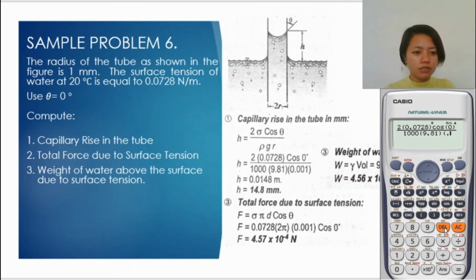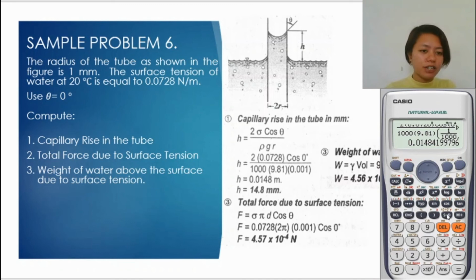So I just input 1 mm, converted over 1,000. So we get 0.0148 meters or 14.8 millimeters for the capillary rise in the tube.